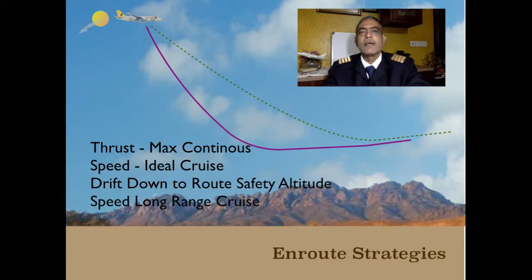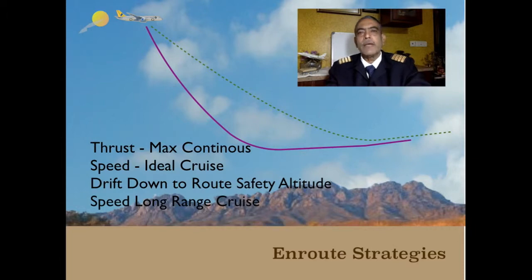One is if there was not much high terrain or obstacles, then after securing the engine and changing over to max continuous thrust on the live engine, the AFM will prescribe a cruise speed, normally about 0.78 Mach, and quickly drift down to the route safety altitude, because by then the flight management system or the pilots themselves would be able to calculate what's the appropriate altitude for that all up weight, and what is the approximate drift down route altitude, and of course if it is going to meet the route safety altitude requirements.